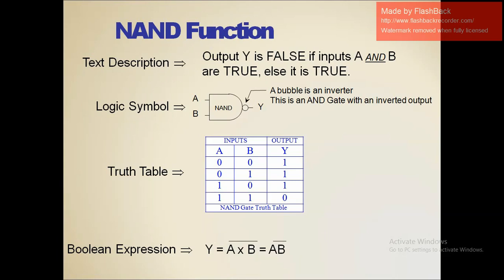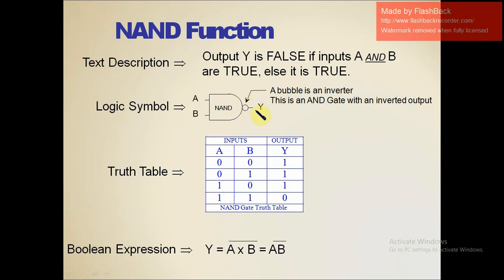Now we move towards the NAND function. It is the opposite of AND. Here we have the description: output Y is false if inputs A and B are true. When we get the true values, 1 1, in that case the output will be false, meaning 0.